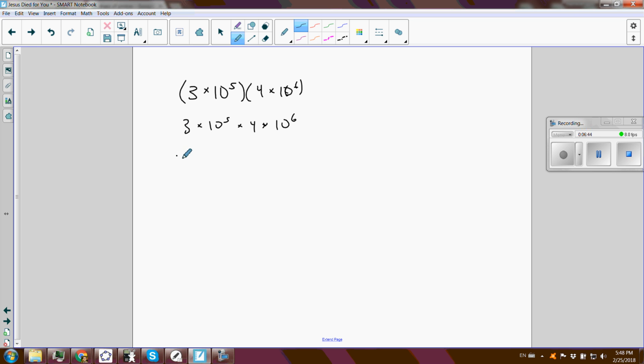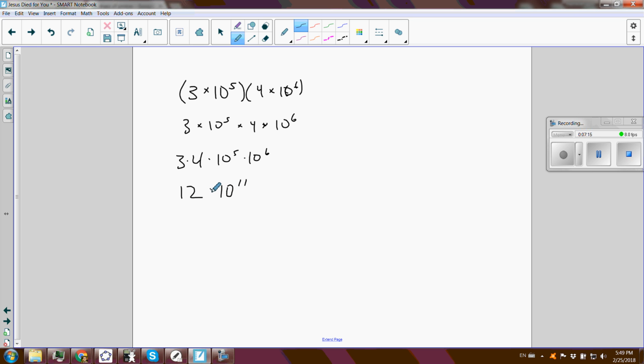Multiplication can happen in any order, so let's reorder it: 3 times 4 times 10 to the 5th times 10 to the 6th. 3 times 4 is 12, times 10 to the 5th times 10 to the 6th. That's 10 multiplied by itself, how many times? 11 times.